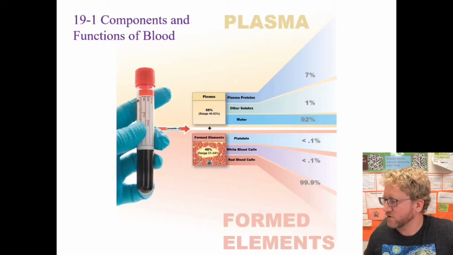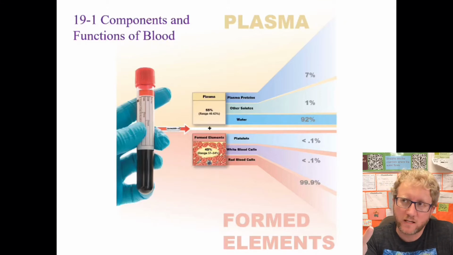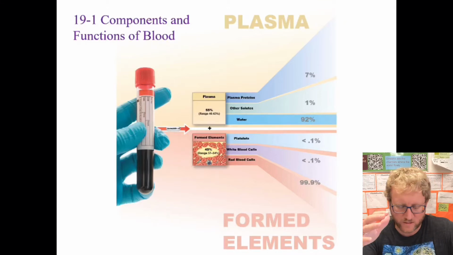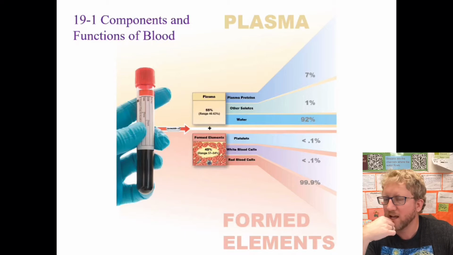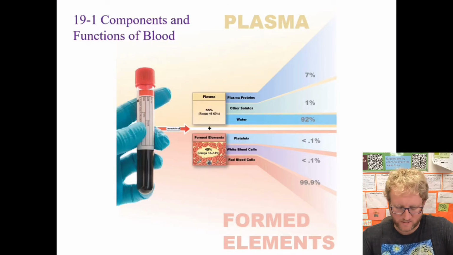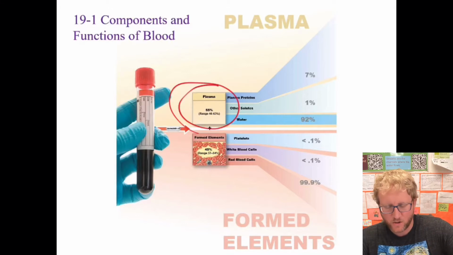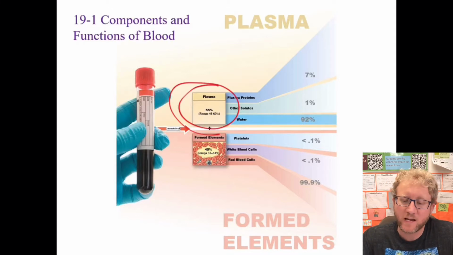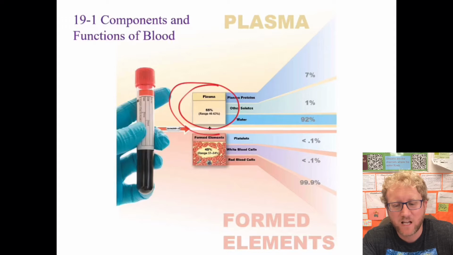Breaking blood into its different parts, whole blood is what we think of that has all of the different pieces involved. And whole blood is broken into two parts, basically. We have plasma, which is the liquid part, and that makes about 55% of your blood volume.